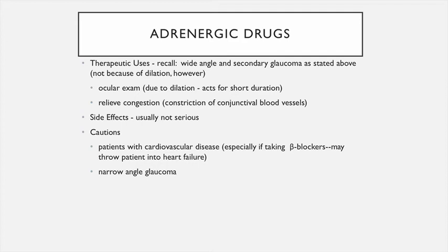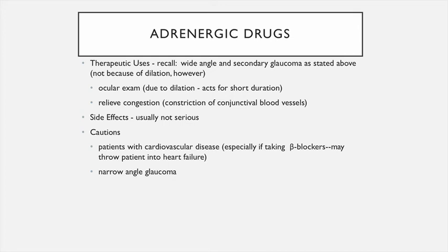All right. Now we have our adrenergic drugs here working at the eye to dilate the pupil. They're used in wide angle and secondary glaucoma, but not because of the dilation. We give them something to block that effect. But in terms of eye exam or relieving congestion, these would be a good idea.